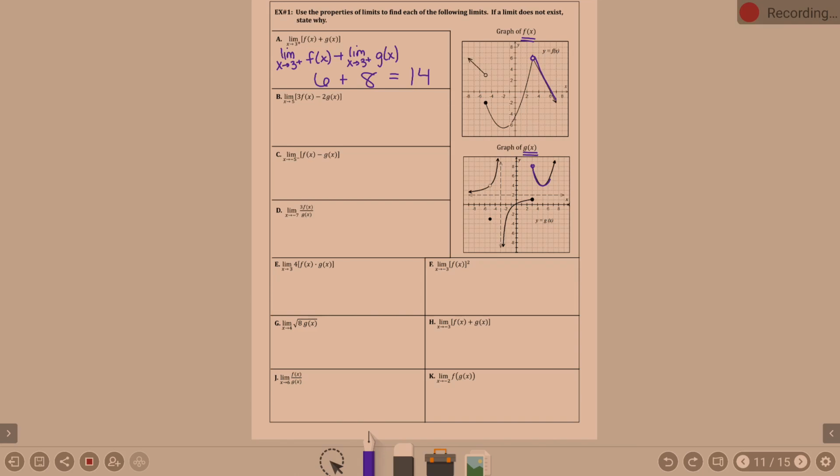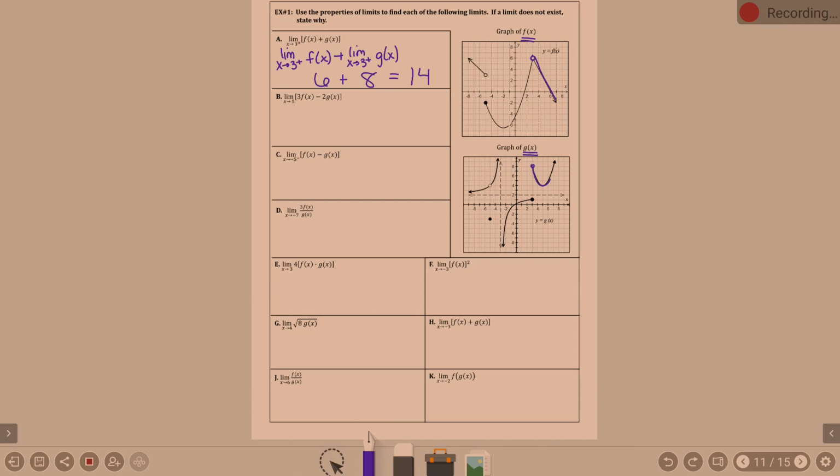Okay, on B. First of all, I see two limits being subtracted, yes? So we can separate those into two limits. The other piece I see, there's coefficients of 3 and 2. So as we pull those pieces apart to subtract the two limits, we can also put the coefficients out front of each limit. Does that make sense?